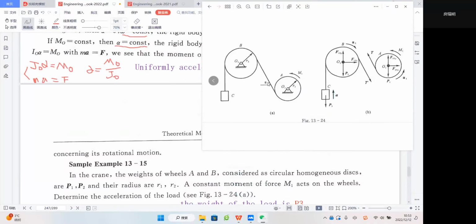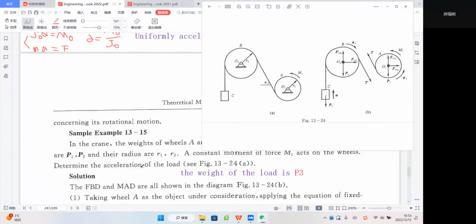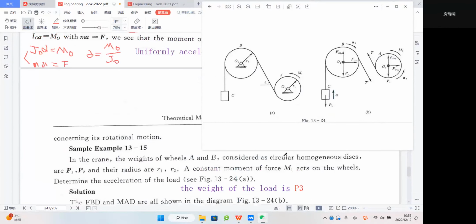And this inclined angle will be alpha. Consider the circular homogeneous disks P1 and P2, and their radii are R1, R2. A constant moment M1 is exerted on the first wheel. So this wheel will rotate around the fixed axis O1. Let us determine the acceleration of the load, right?